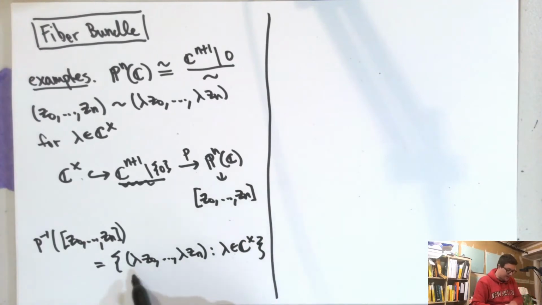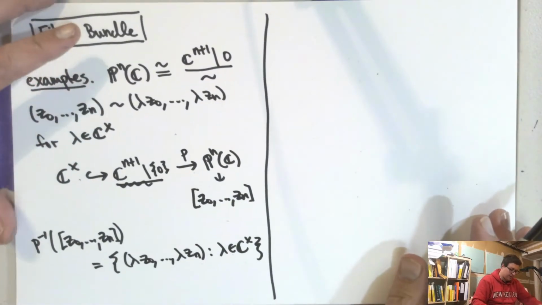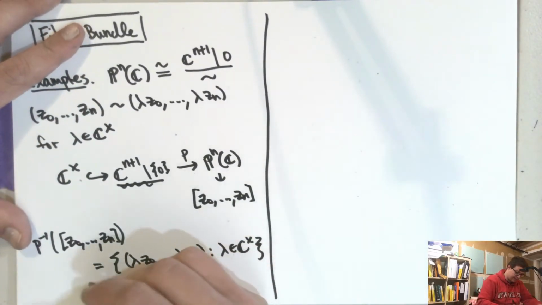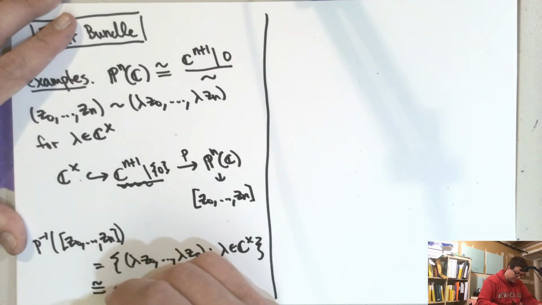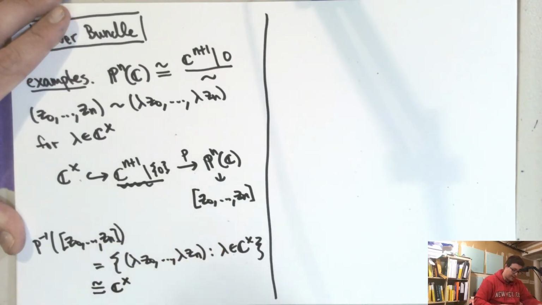And actually, any two elements differ by a single lambda. So this thing here is homeomorphic to C cross. And the map could be given by, fix your favorite element, and then what would a map be?